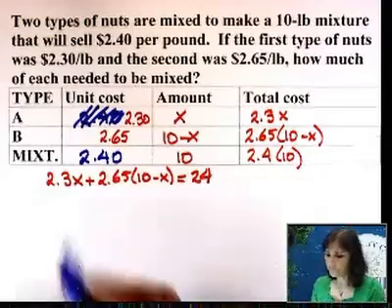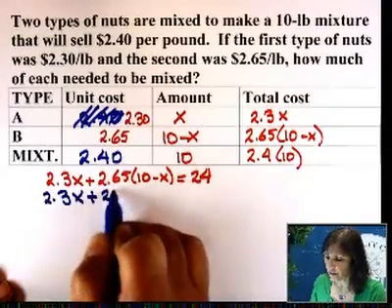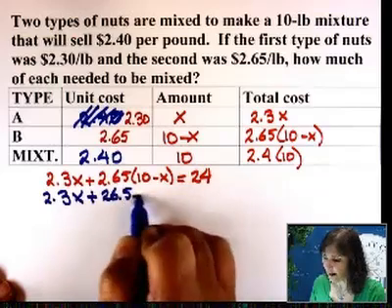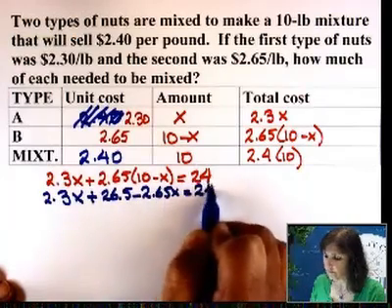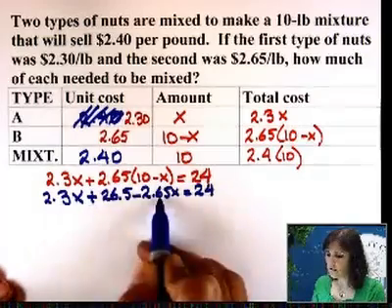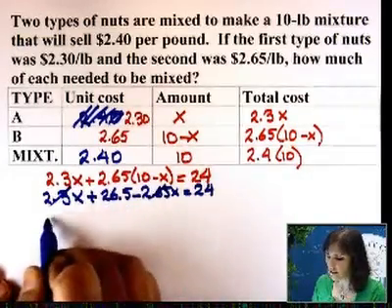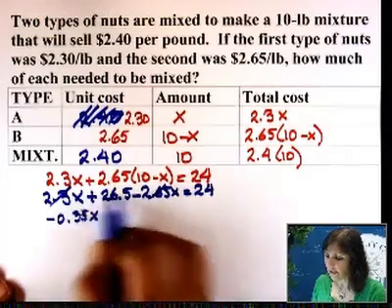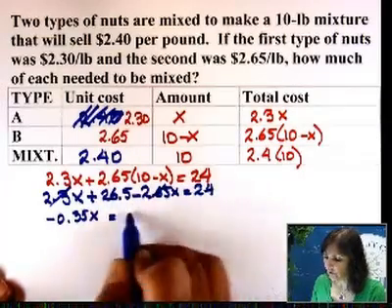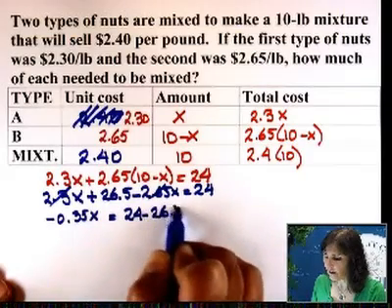Clean it up. 2.3x plus 26.5 minus 2.65x equals 24. Now let's put these two together. 2.3 minus 2.65, that's negative 0.35x. And then you have 24 minus 26.5.